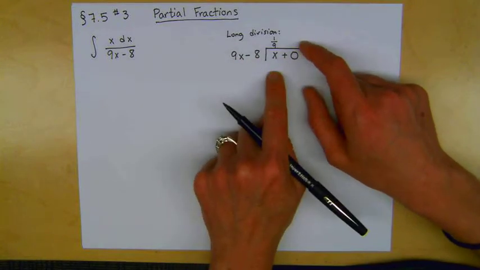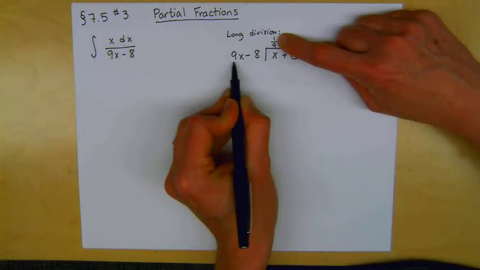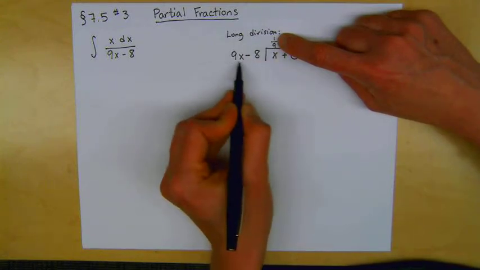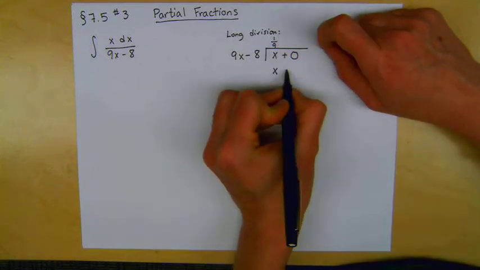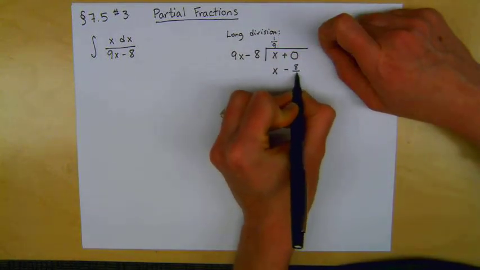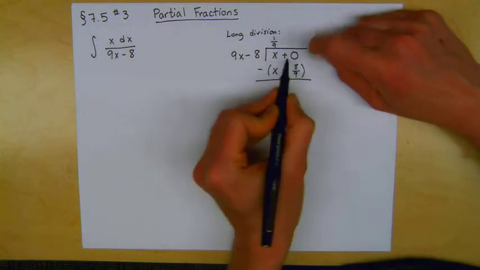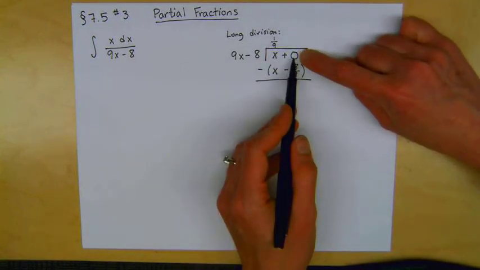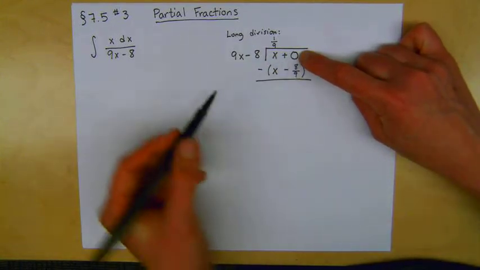And so down in the line below, I'm going to multiply 1/9 by this entire expression, and I get 1/9 times 9x gives me x, and 1/9 times negative 8 gives me negative 8/9. I subtract this expression, and this is where it's helpful to have a 0 here as a placeholder, that there are 0 ones, 0 constant terms.